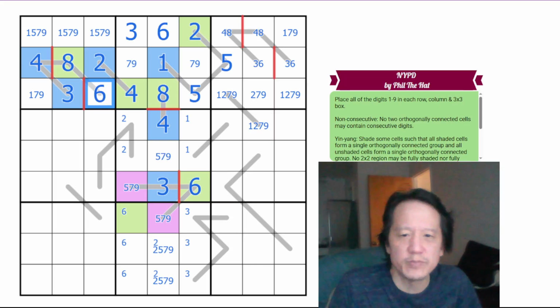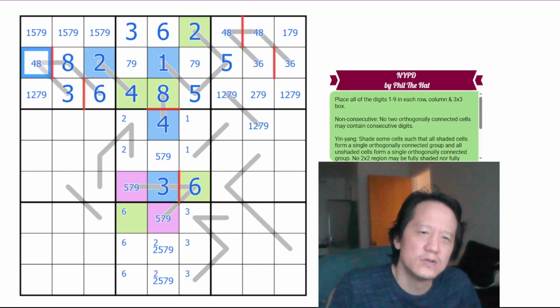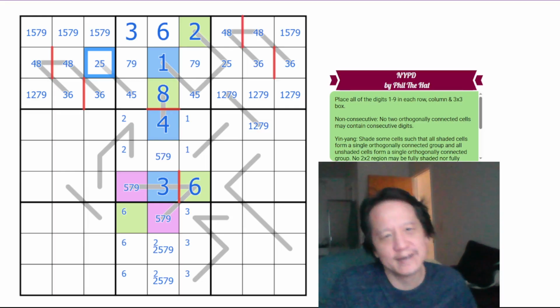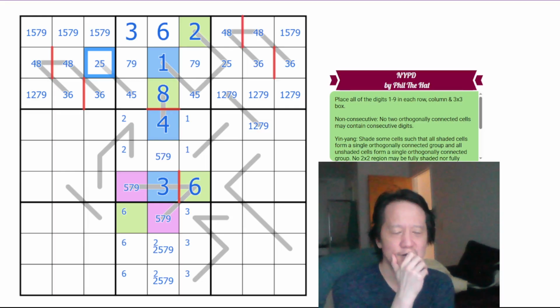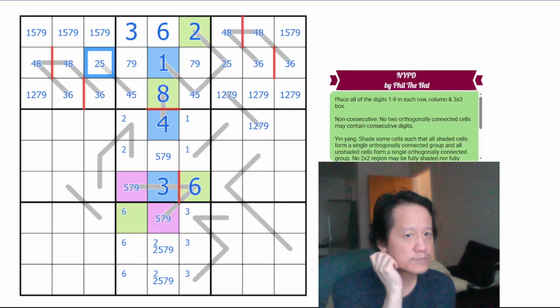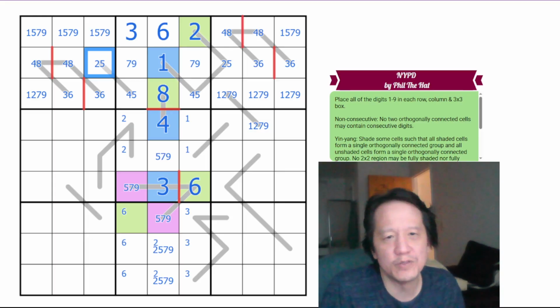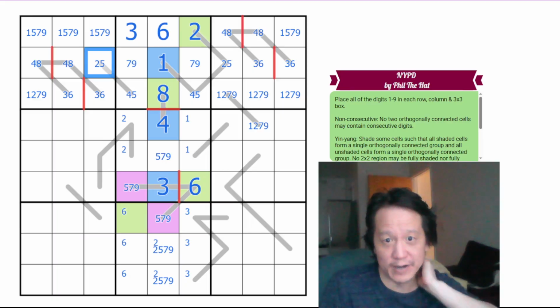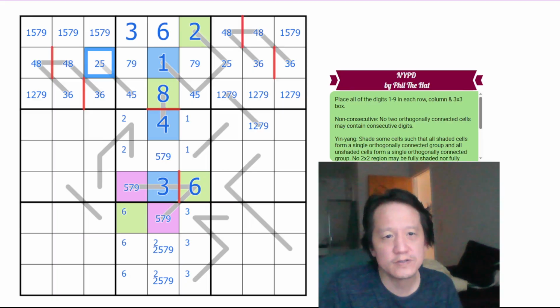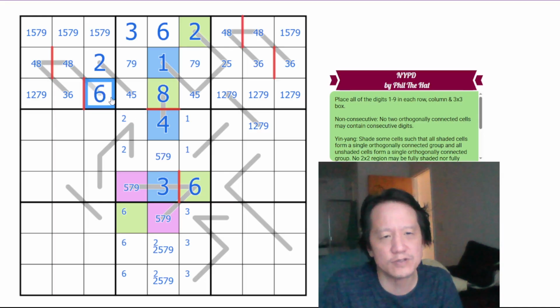Oh, we have a deadly pattern here. Wait. What the... Okay, what bad assumption did I make? Well, this is just obviously a bad pattern. So if this is 2, this can't be 3. This is 6. That makes this 3. This can't be 4 because it would be consecutive with it, so it's 8 and 4.